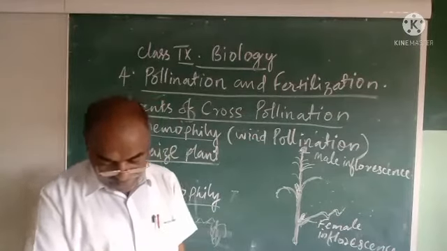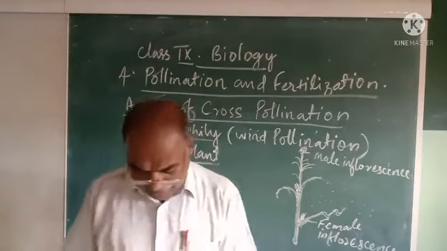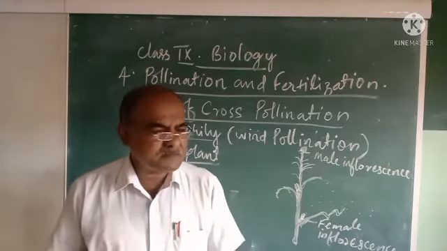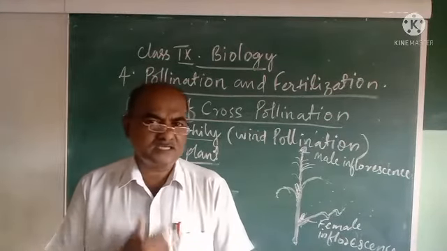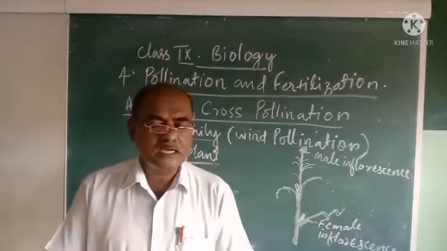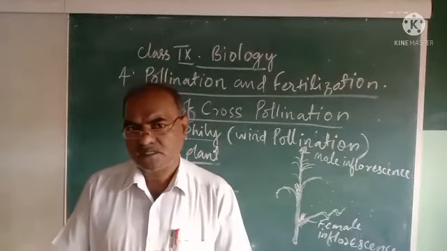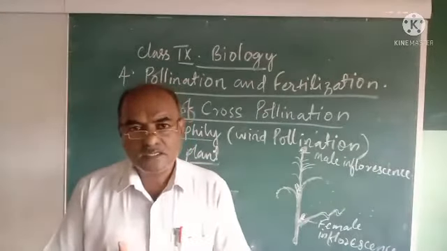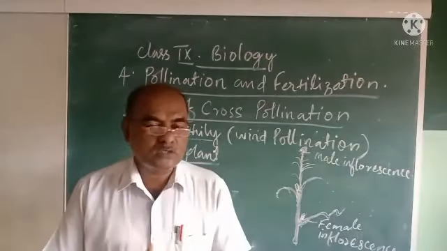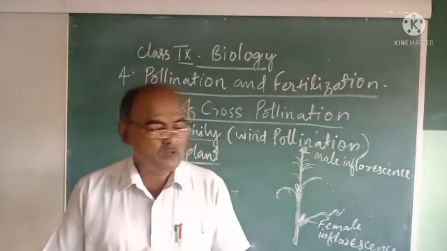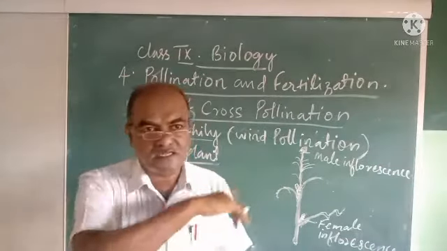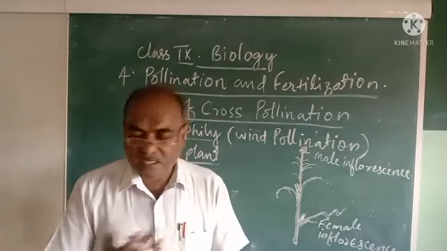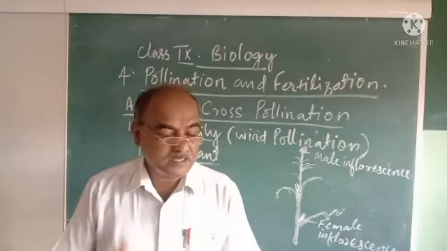Understand? So here entomophily means insect pollinated flowers. The characteristic features of these flowers are that they are mostly day blooming flowers. In the morning when sunlight comes out, the flower will bloom. At that time, as you know very well, so many insects are flying here and there, butterflies, honeybees. Understand? They are flying here and there in the daytime.